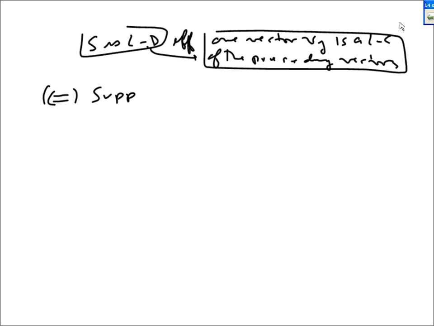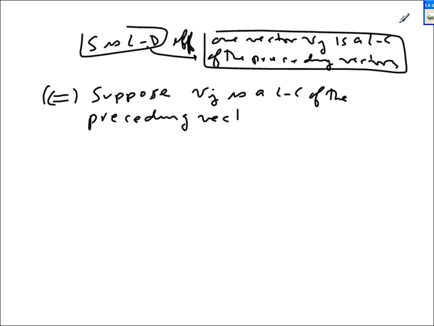Suppose, this is going to be the easy one, suppose vj is a linear combination of the preceding vectors. And everything comes together at this point.